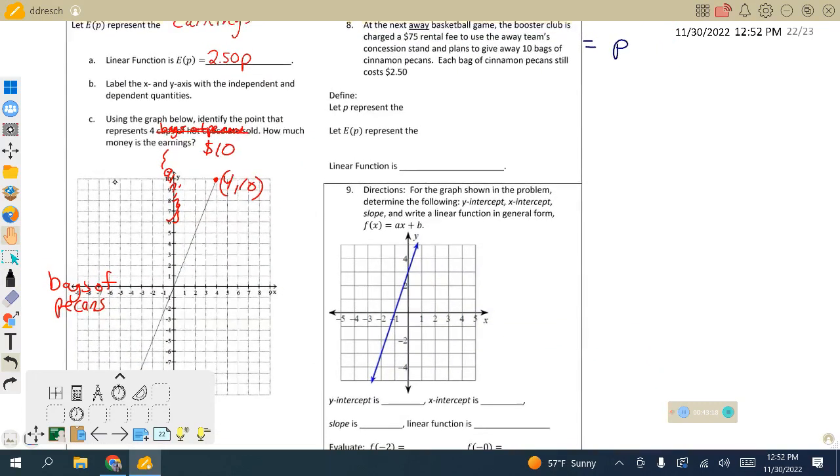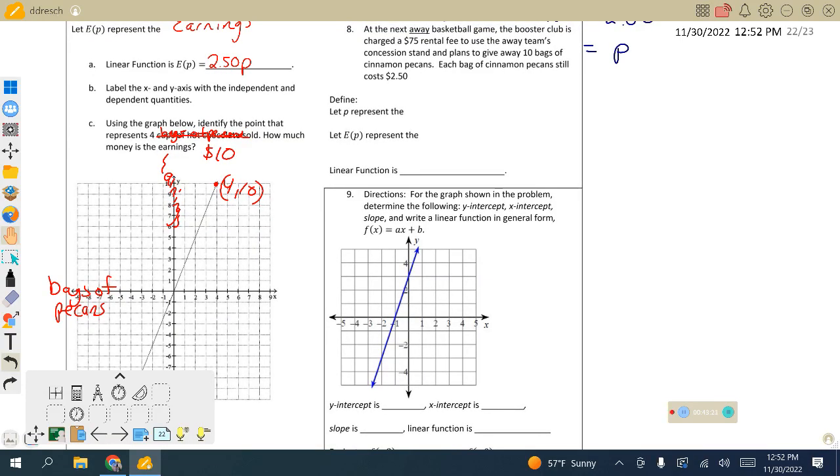So we have not encountered one of these, I think, yet, where we have to give away 2 things. We're still charging $2.50 a pop. We're still talking about the number of bags of pecans. We're still making money, or hopefully making money. But because we're giving away some money here, we got to make it back then. So we're going to have to sell quite a few bags of pecans.